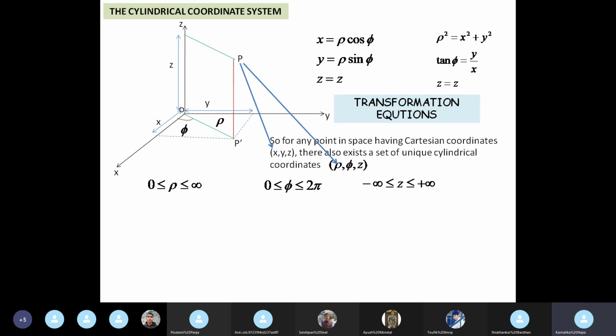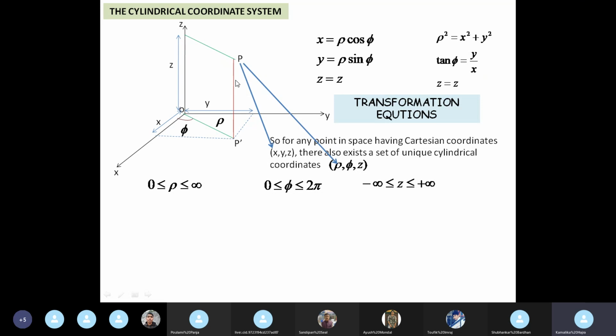So for fixing a point in space by the cylindrical coordinate system, we have to specify all three. So when you give rho and don't give phi and z, it can lie anywhere on the surface of a cylinder. So what do you do? You fix phi, okay? So then it comes here.